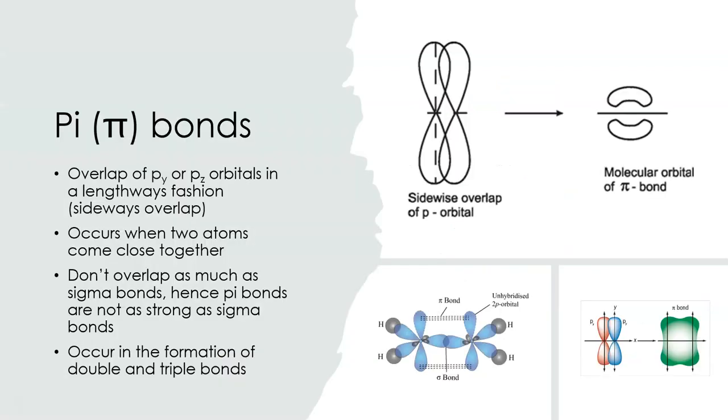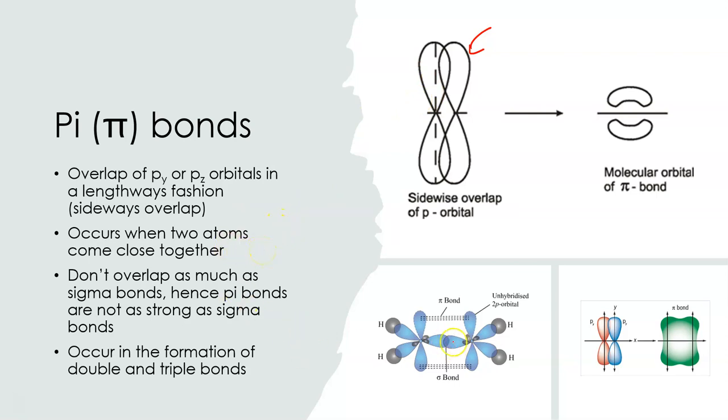Pi bonds are the sideways overlap. We have two p orbitals, we can see from this shape here, the bilobed p orbital. These are usually py or pz, remembering that these form along an XYZ plane. So we have a lengthwise overlap, not end to end, between two p orbitals. This will occur when the atoms come close together.